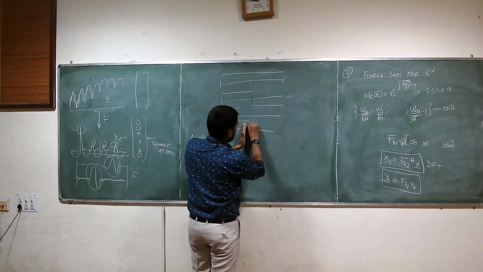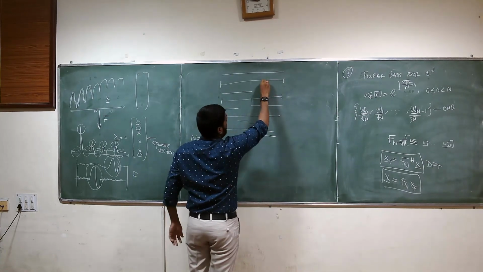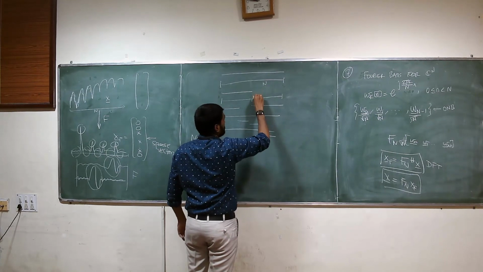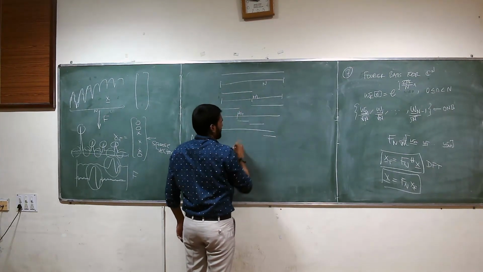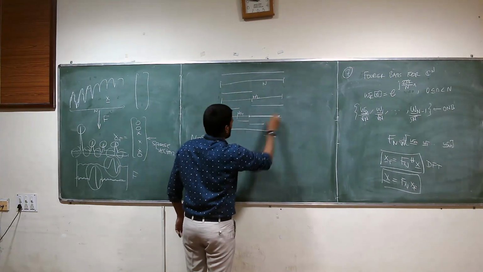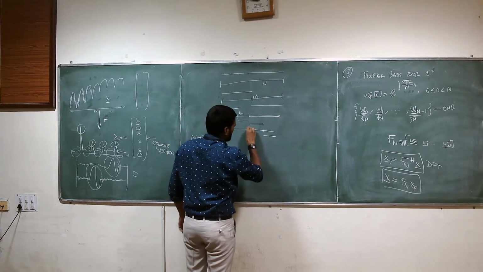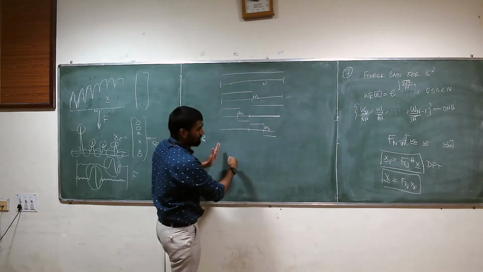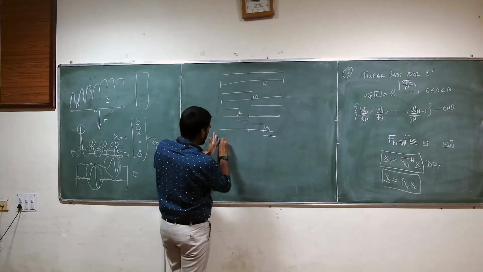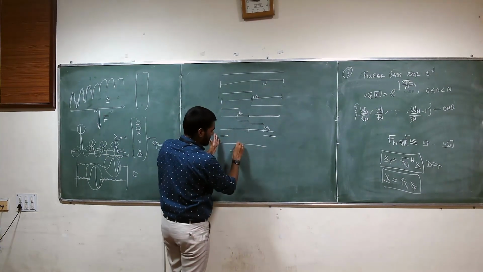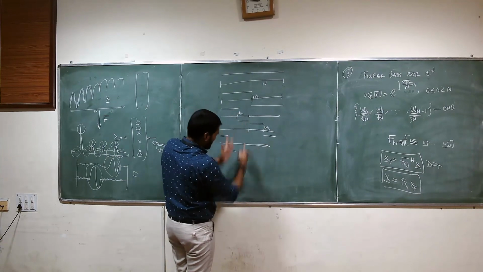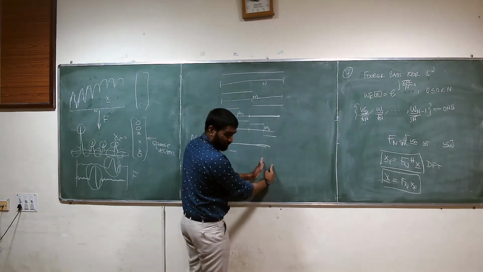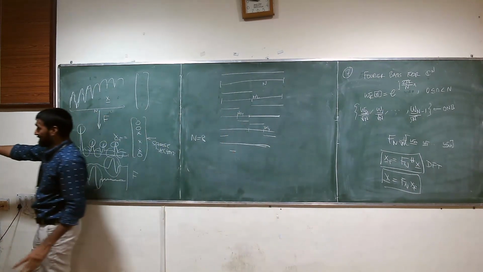And the next one is like this. So if this was of length n, this is n by 2, this is n by 4, so this is 0 here. This is n by 2, this is 3n by 4. And then you go down further, you take this region and split it into positive and negative, and then split this into positive and negative, and so on. That's what I've shown there.